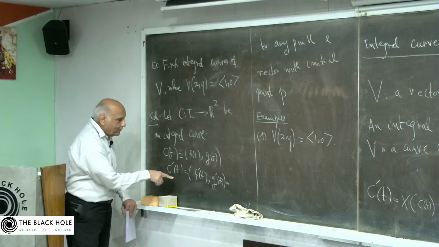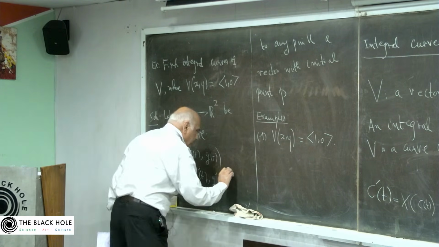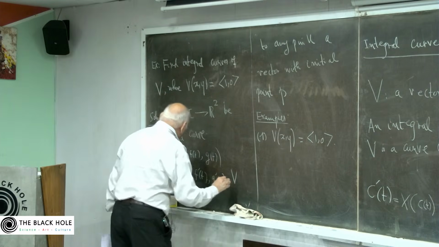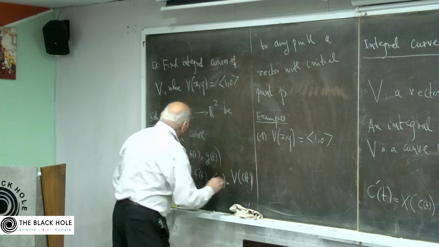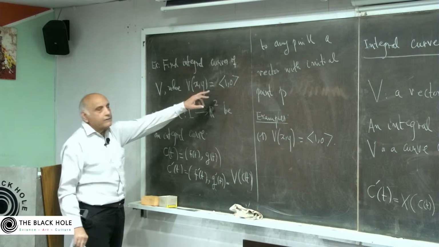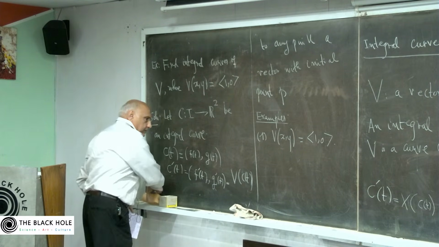What is the value of this? This should be equal to V of C(t), right? So V of C(t) is always (1, 0).